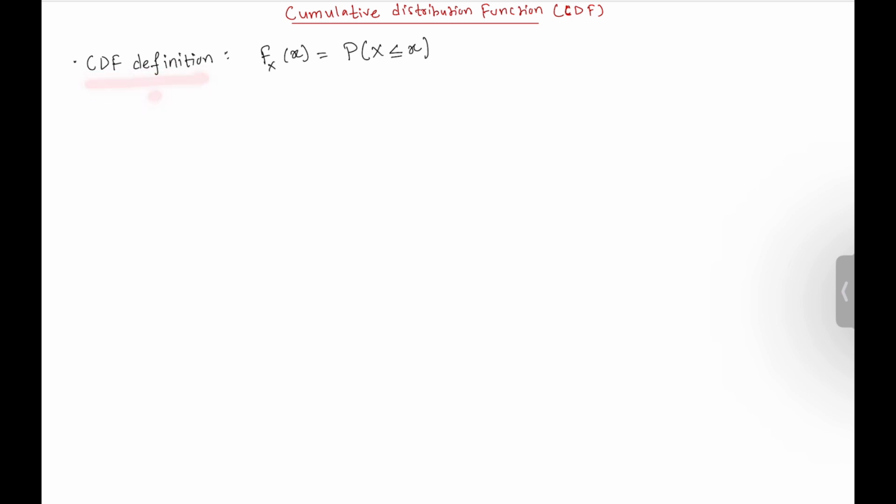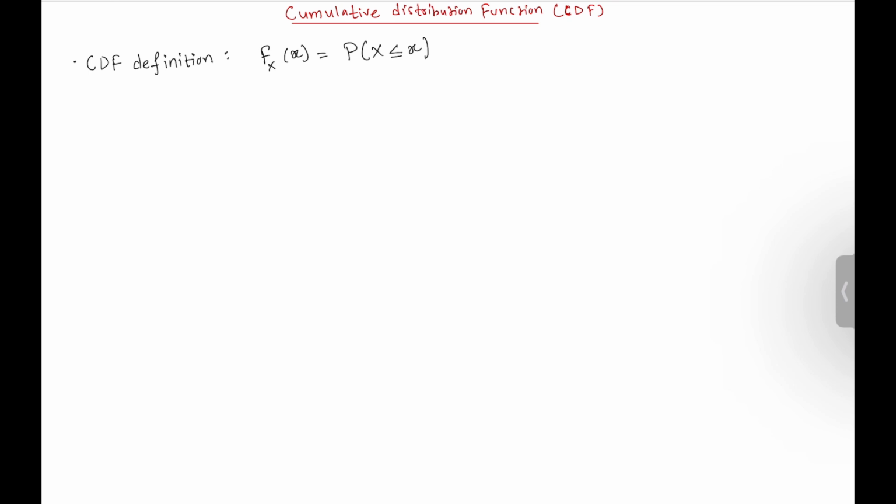What is it? It is the probability that random variable X takes a value less than or equal to little x, and this probability we are going to denote with this notation. Whenever we use this capital F with subscript X, it tells you that we are talking about the cumulative distribution function.